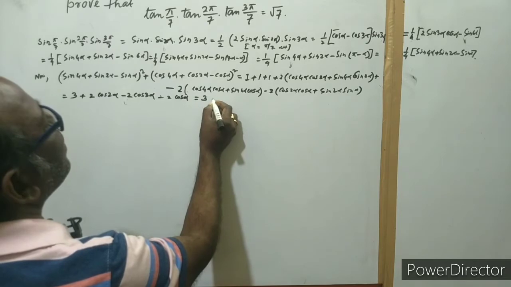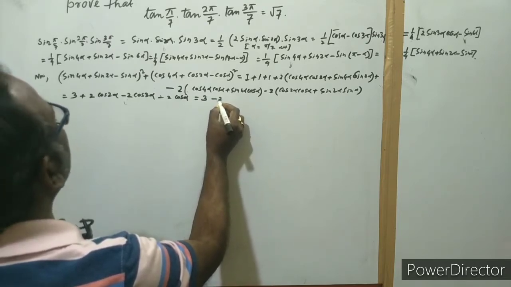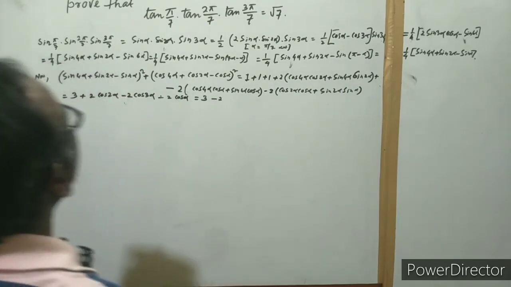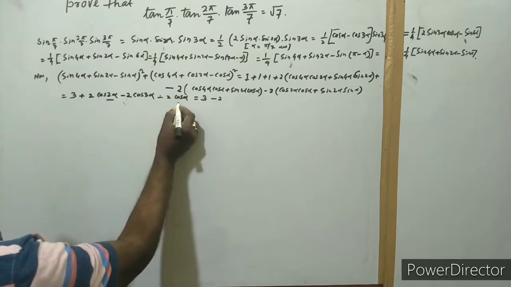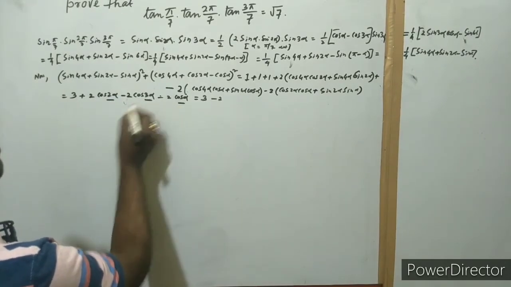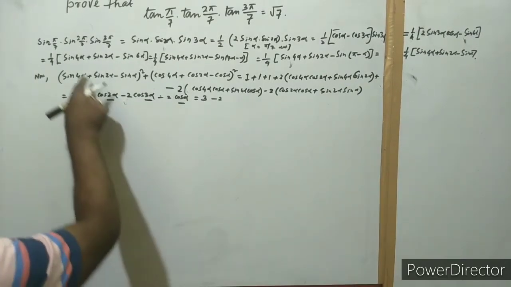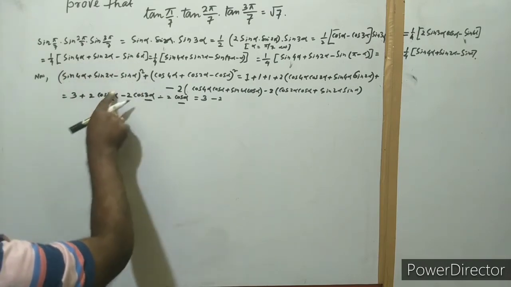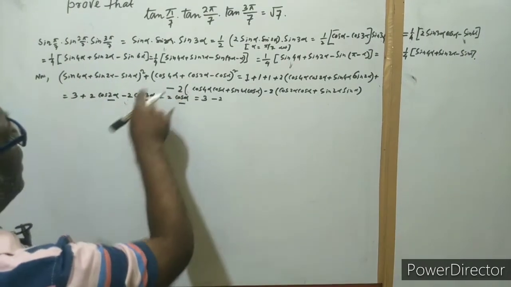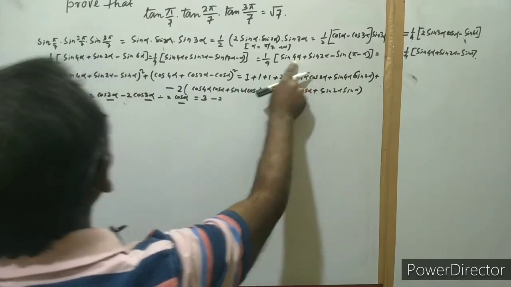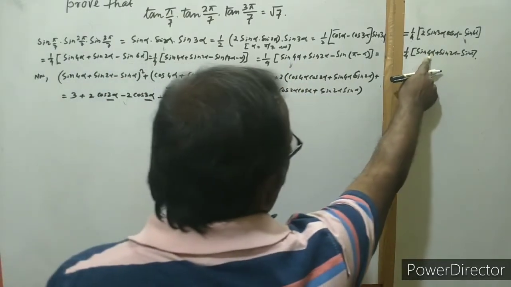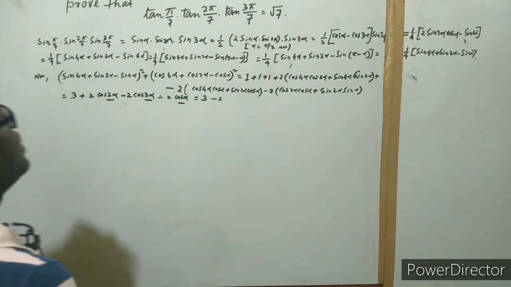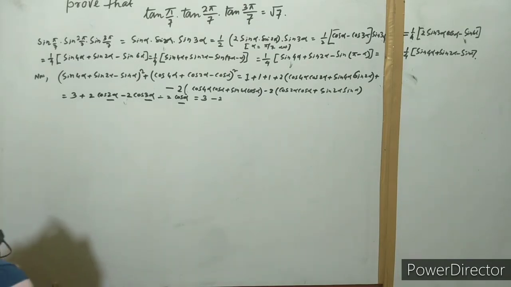So 3 minus, within the bracket 2, this is here 2 alpha. Alpha is unchanged. We want to change this 3 alpha, as we see that the angles here are 4 alpha, 2 alpha, and alpha. So that's why we are converting to the same angle.